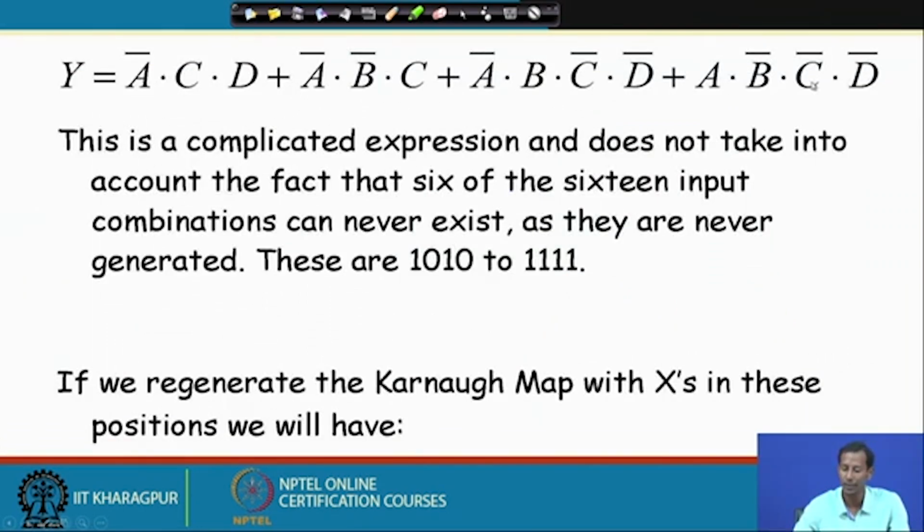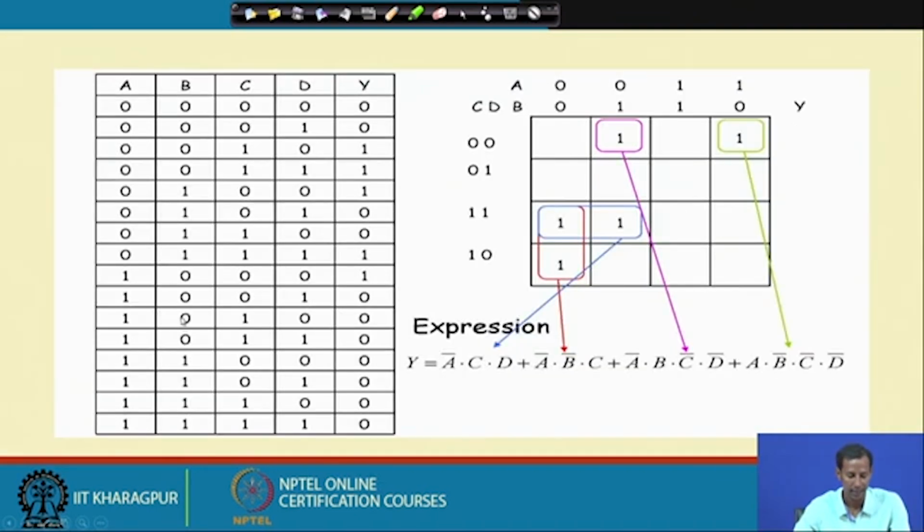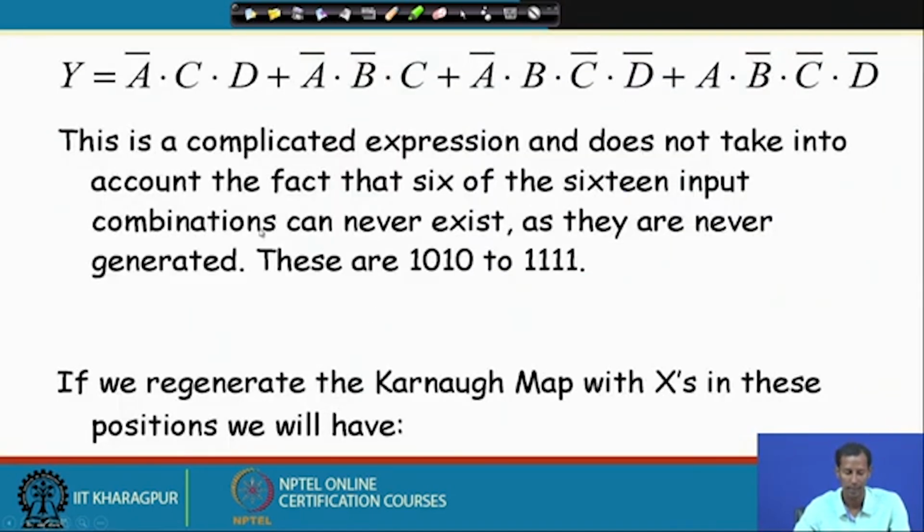Whenever I am getting this expression, this is a complicated expression and does not take into account the fact that 6 of the 16 input combinations can never exist as they are never generated. These are 10 to 15. These 10 to 15 have never been generated.